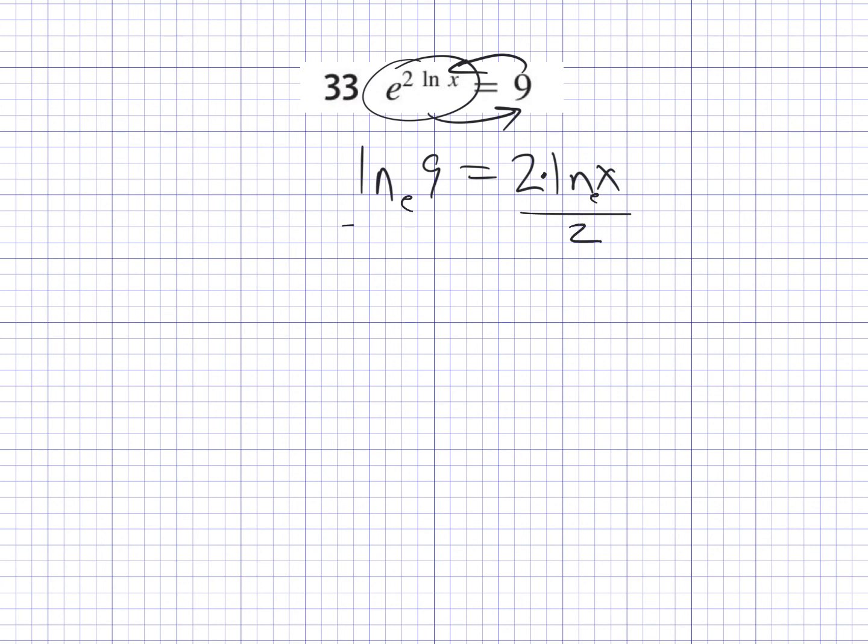So if we divide by 2, let's use our calculator: the natural log of 9 is 2.19722, divided by 2, and it's 1.0986... That equals the natural log of x, okay? So if we raise e to that value, we get 3 equals x.